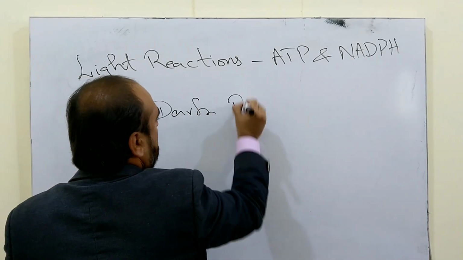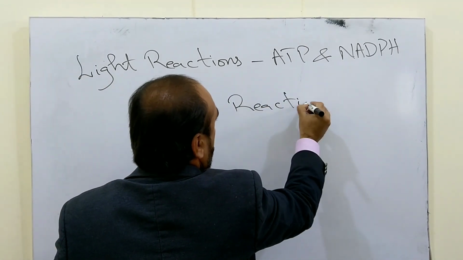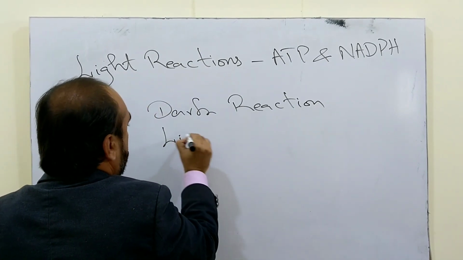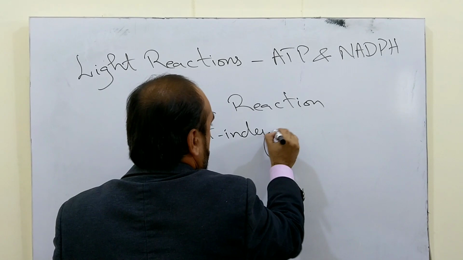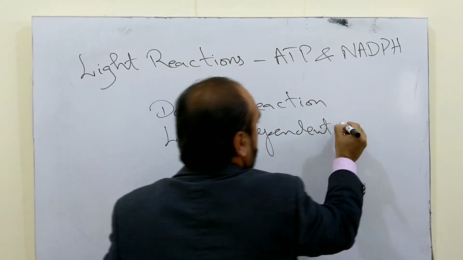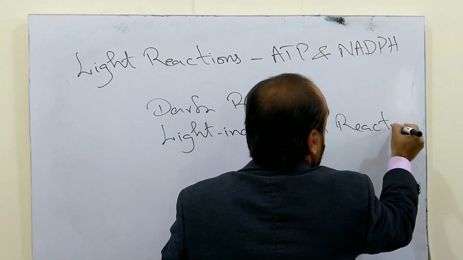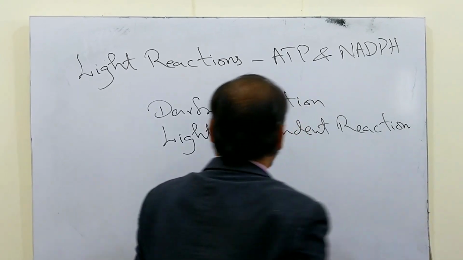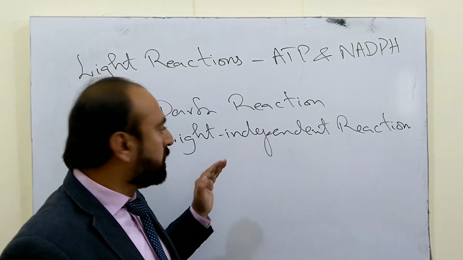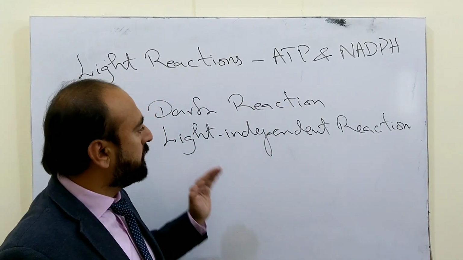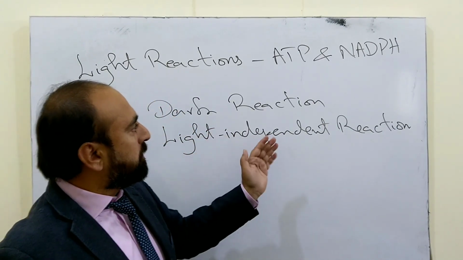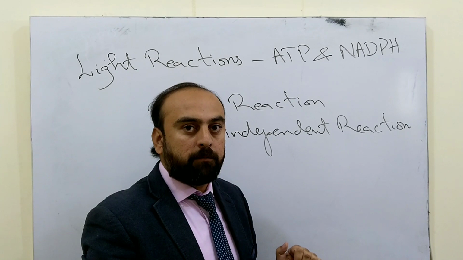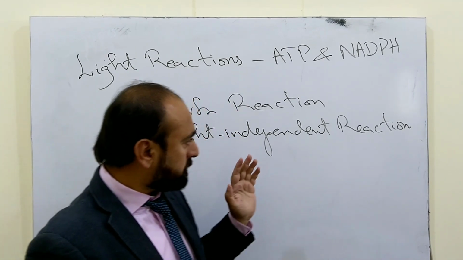It was called dark reaction or light independent reaction for wrong reasons. This is a misnomer or wrong name actually, because we see that the next set of reactions depends on the products of light reaction, ATP and NADPH.